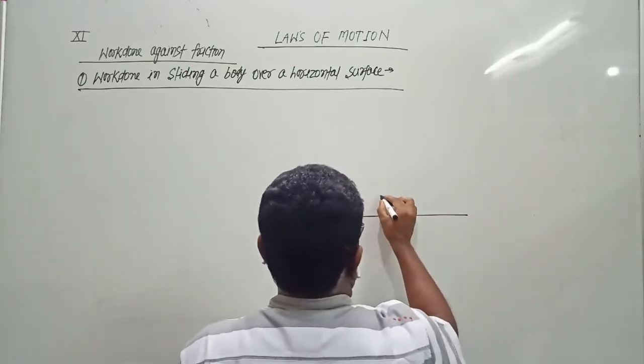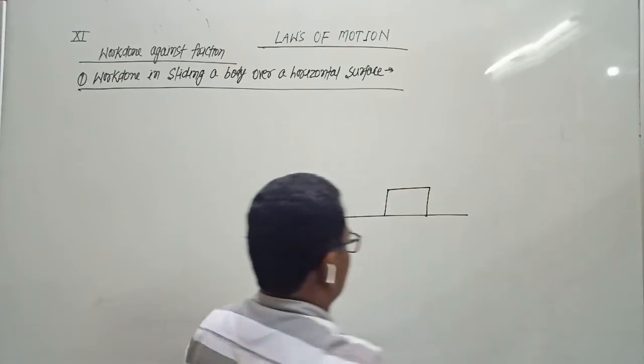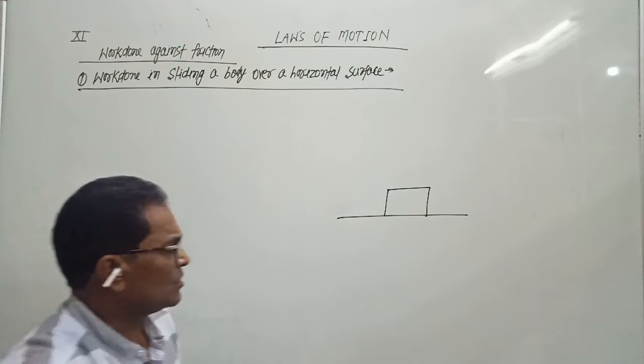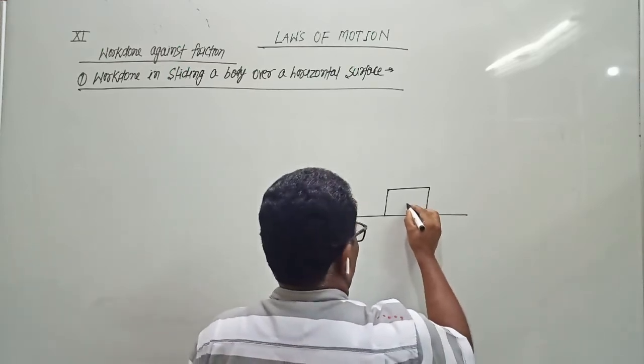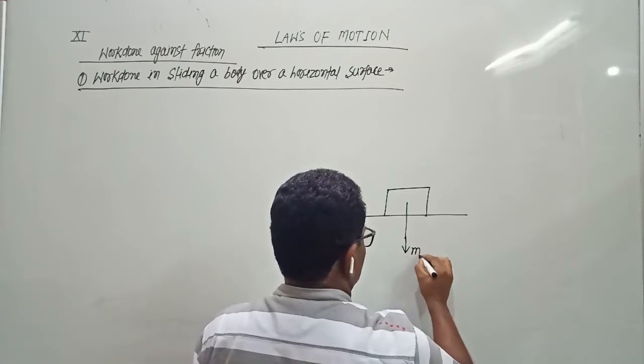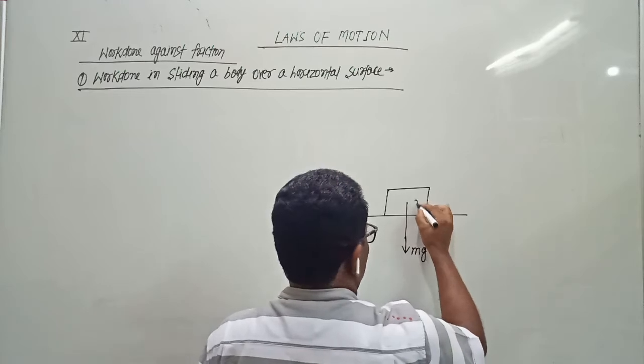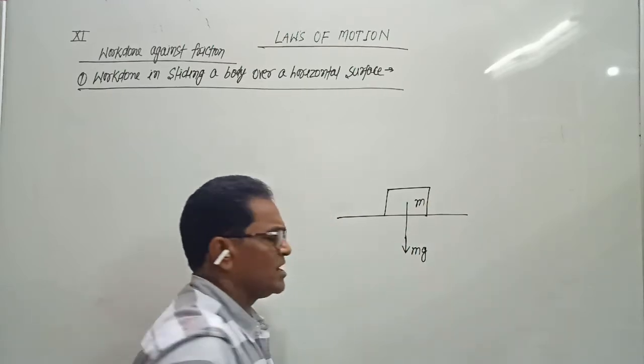Suppose there is a horizontal surface and a body of mass m is kept on it.